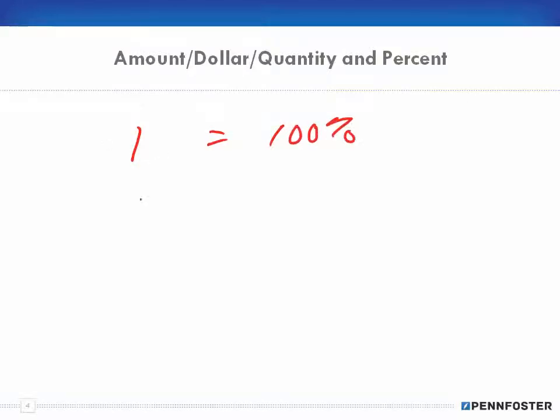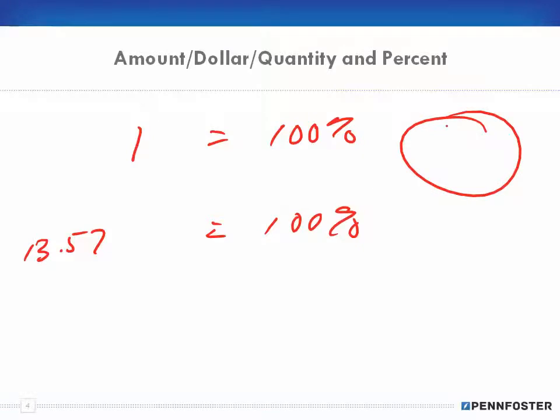Okay, 1 is equal to 100%. 13.57 is equal to 100% when I'm looking at a whole thing. If I said this whole thing was 13.57, well, that means it's 100% of this whole thing. That relationship happens to be 13.57.